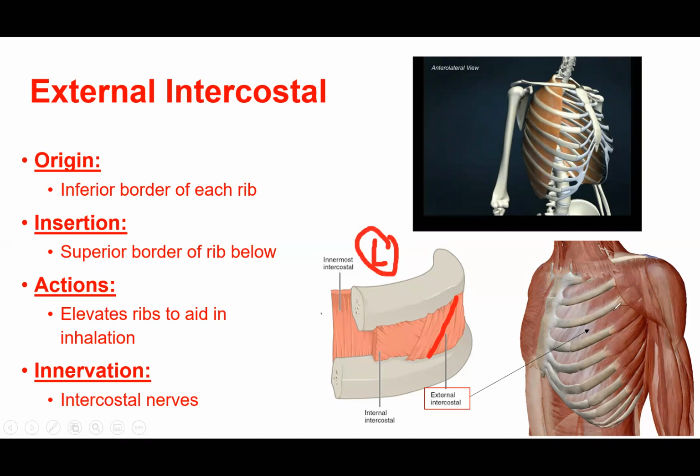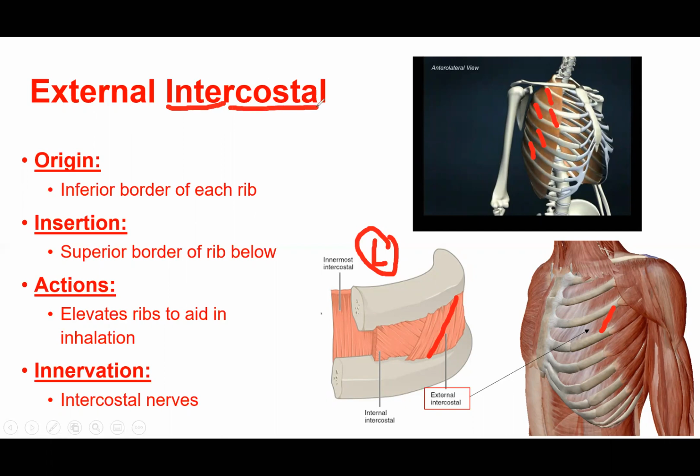Here's the left side of the body. External intercostal muscles have that fiber direction. Up here in the video, since we're seeing the right side of the body, the fiber direction is this way. Intercostal means between ribs.